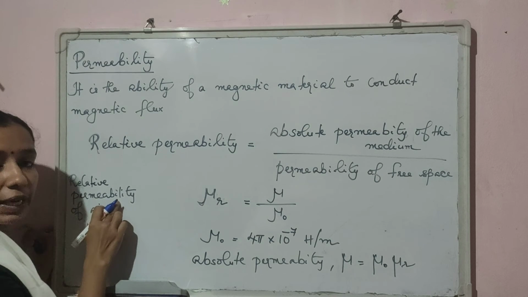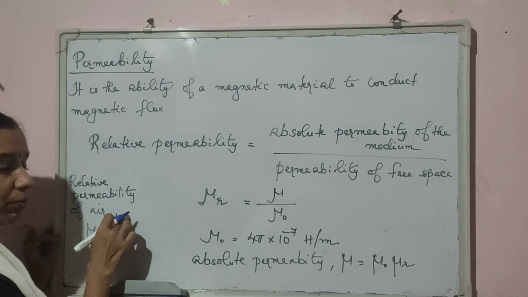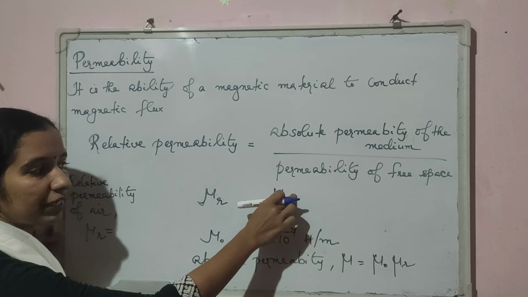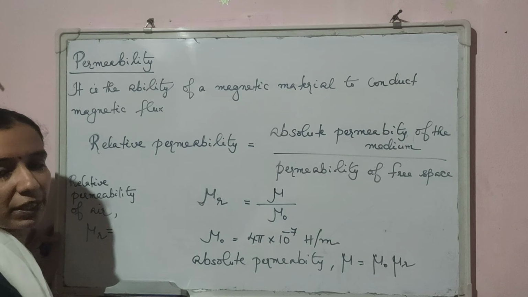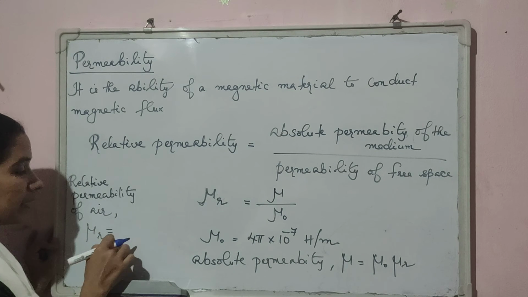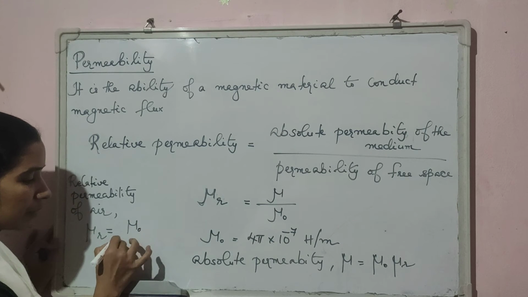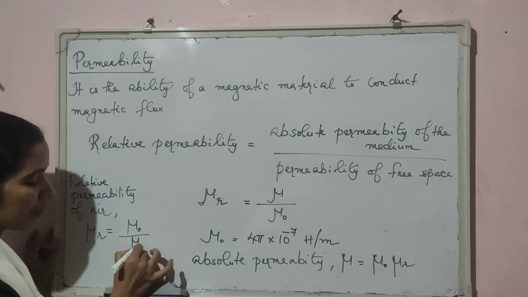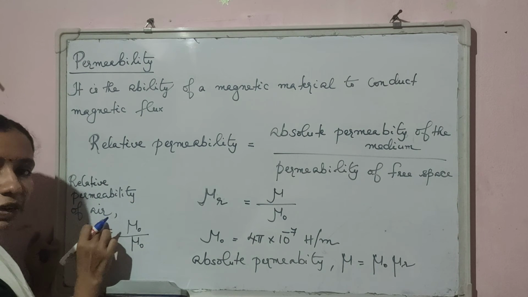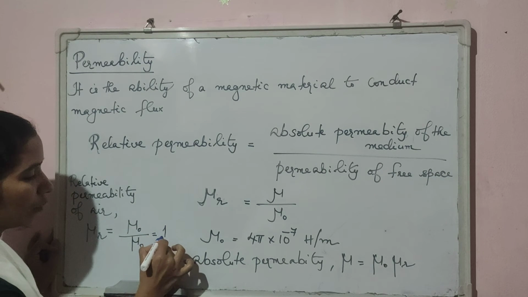So relative permeability of a medium is equal to absolute permeability of the medium divided by permeability of free space. So here the medium itself is free space. So absolute permeability of the medium is also mu 0 and permeability of free space is also mu 0. We are considering air or free space as the medium. So mu 0 by mu 0 will be equal to 1.